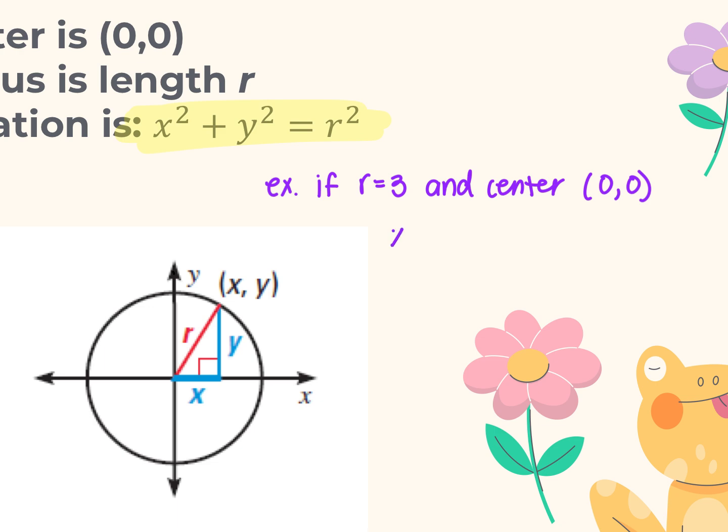I'm going to take x squared plus y squared equals my radius. What's my radius? 3, and I'm going to square it. Keep in mind I could evaluate 3 squared, so it's going to be x squared plus y squared equals 9, and that would be my equation of my circle.